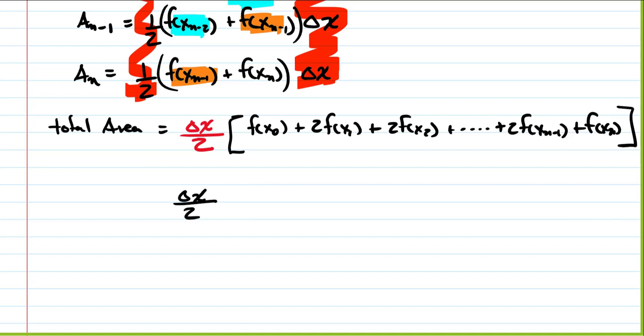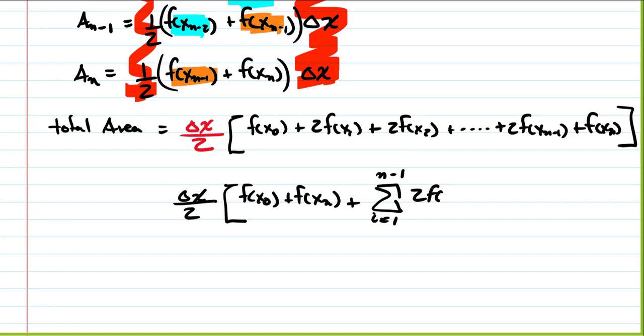We could write this as f of x0 plus f of xn plus sigma as i goes from 1 to n minus 1 of 2 times f of x sub i.